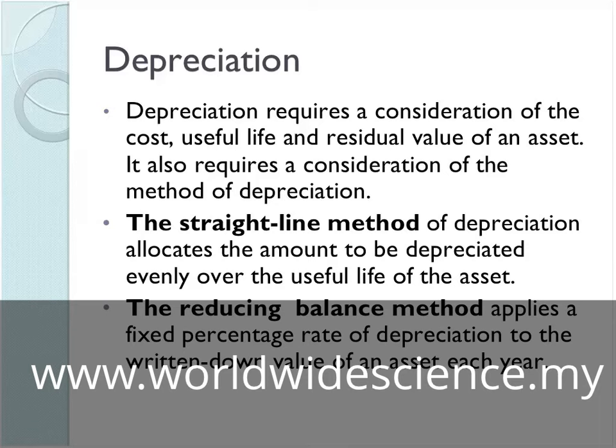This is a straight line method of depreciation, which allocates the amount to be depreciated evenly over the useful life of the assets. And the reducing balance method applies a fixed percentage rate of depreciation to the written down value of an asset each year. So depreciation is our expense based on the fixed assets.